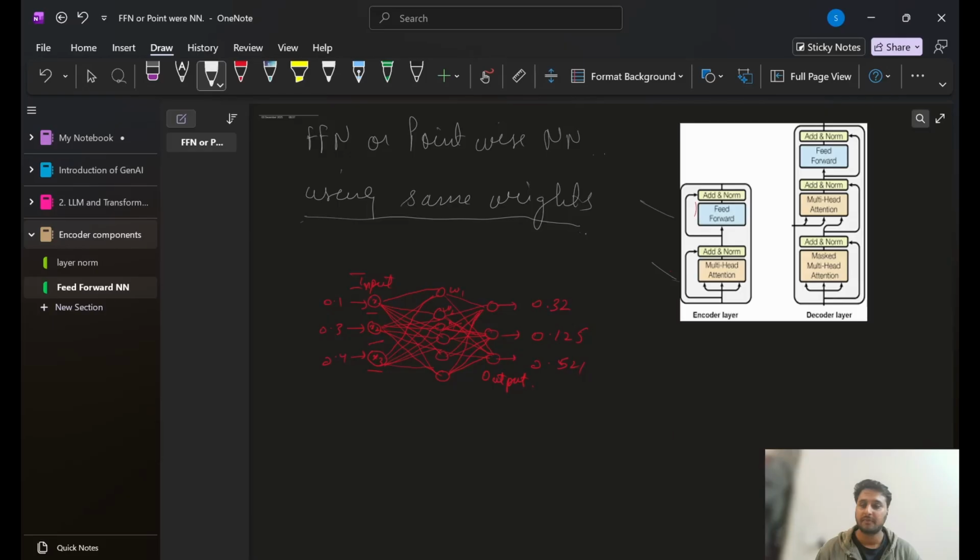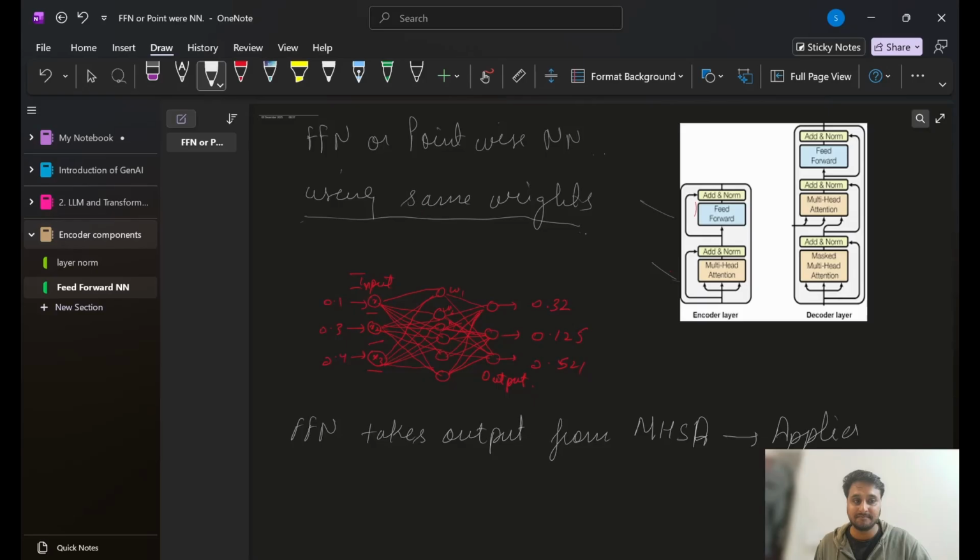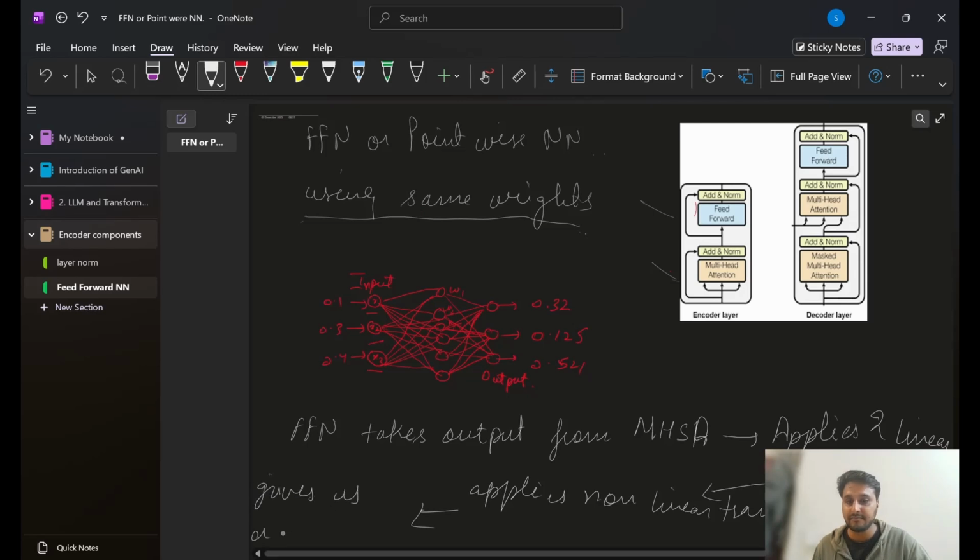In simple terms, the feed forward network takes the output from multi-head self-attention, applies two linear layers, then applies a non-linear transformation, and finally gives us a transformed output.